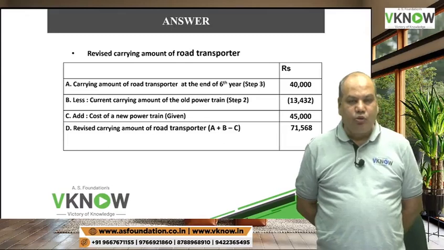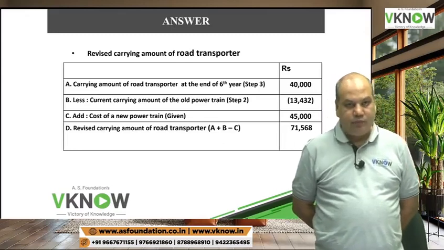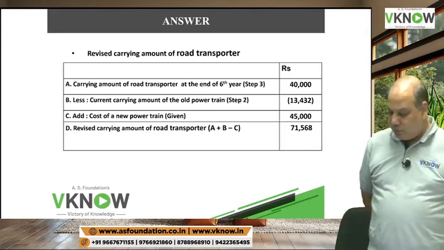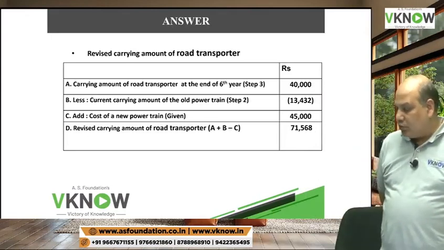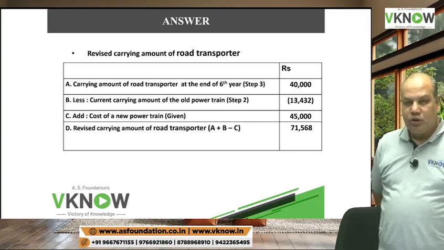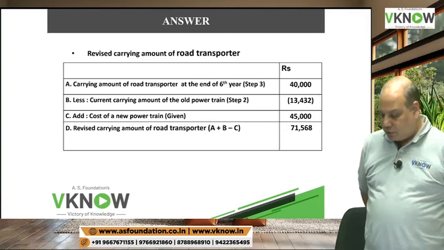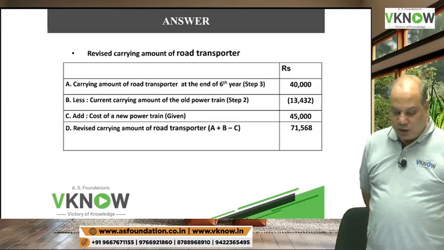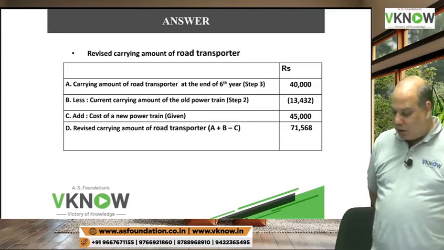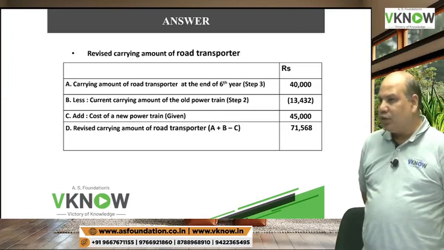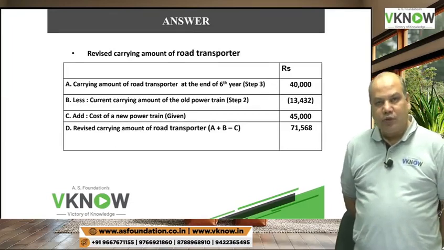Current carrying amount of the old powertrain, step 2, 13432 in bracket. And point number C, what you do? Add cost of new powertrain, given, 45,000.